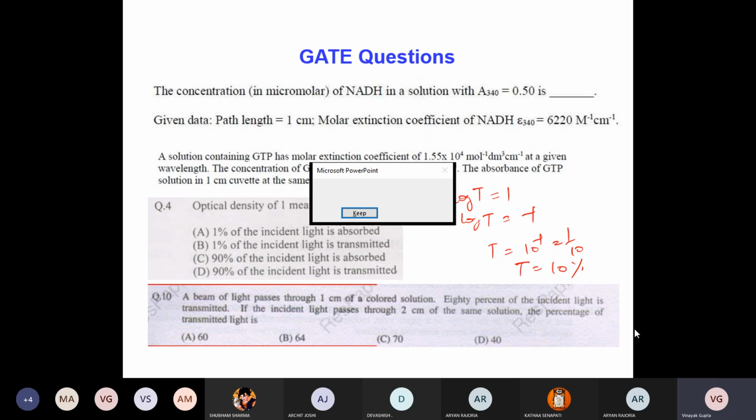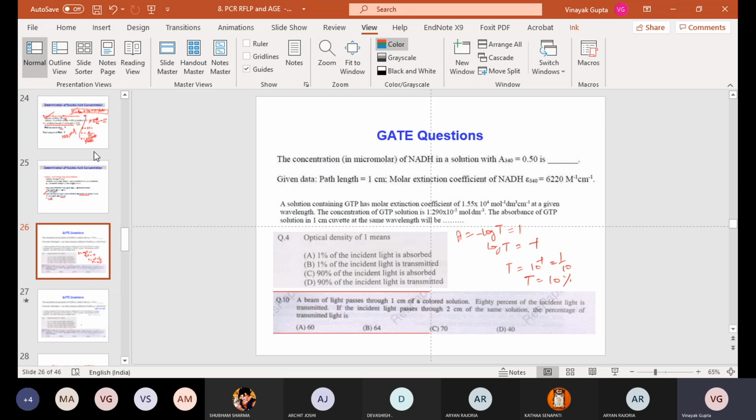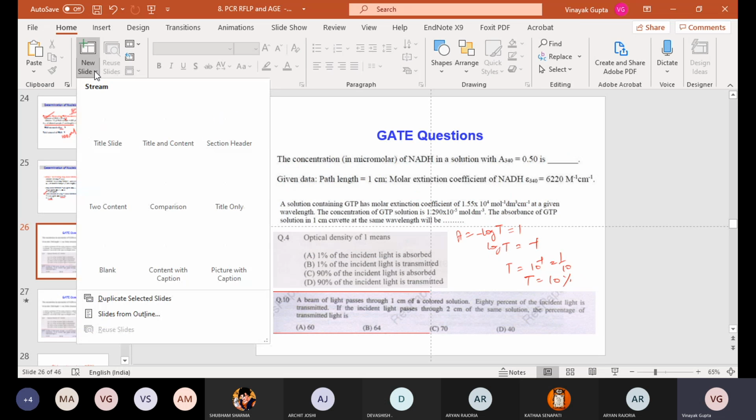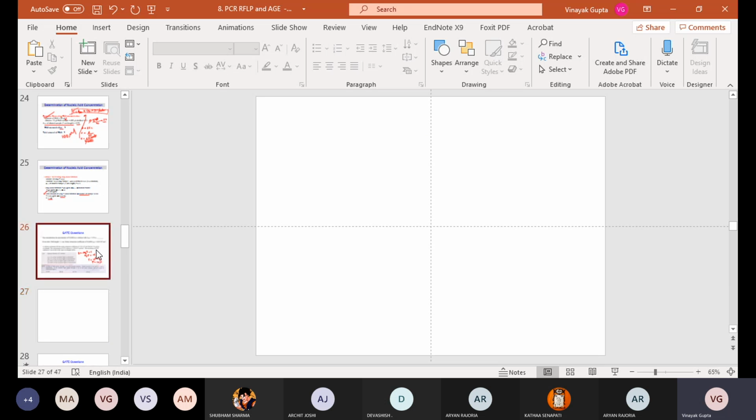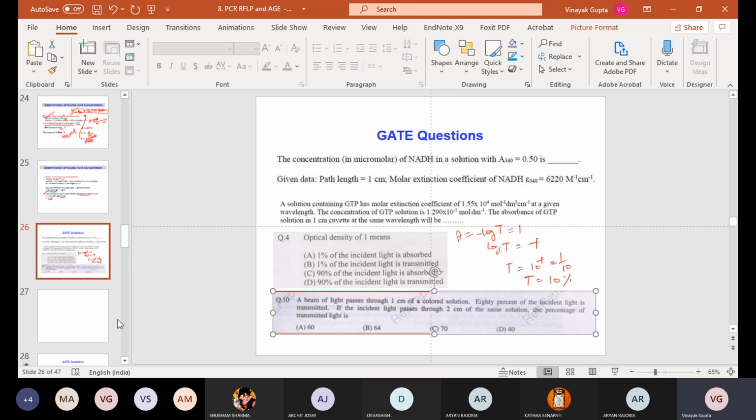Okay, so let's try this. Okay, so keep calculation. So what I'm going to do? I'm going to have a white screen and we can have this question there.